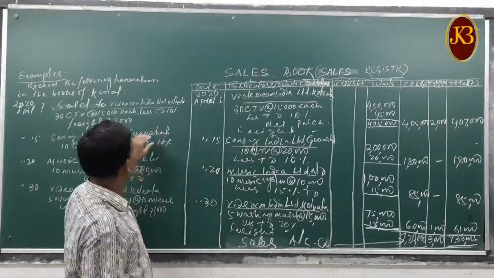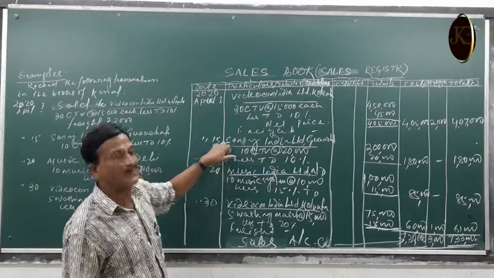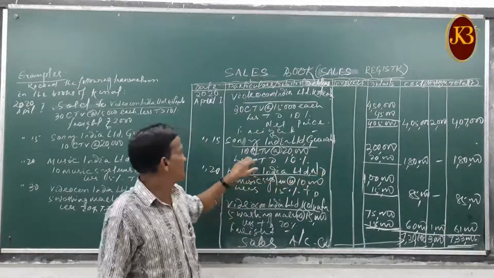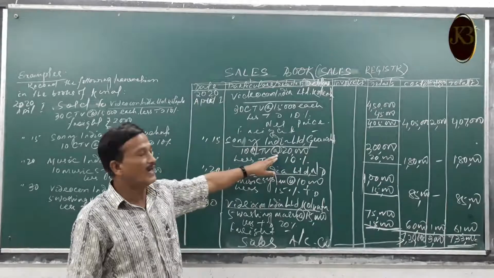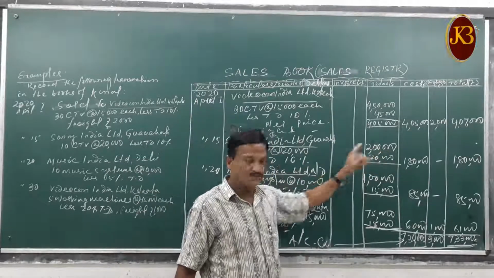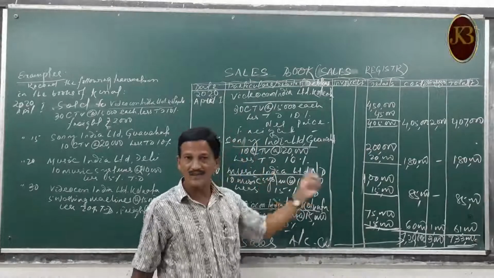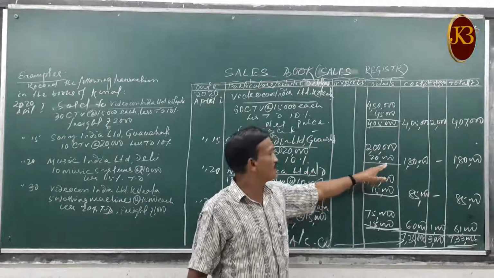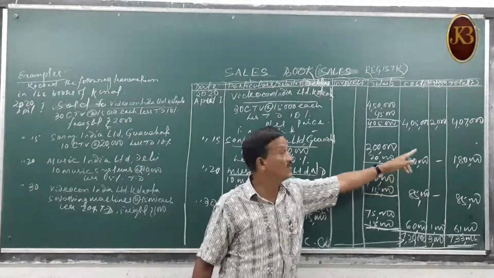Then the second issue, we sold on April 15 to Sony India Limited, Guwahati. That is 10 color televisions at the rate of 20,000 each, so that is 2 lakh, less 10% trade discount. So 20,000 is the discount, net price 1,80,000, no freight charges.